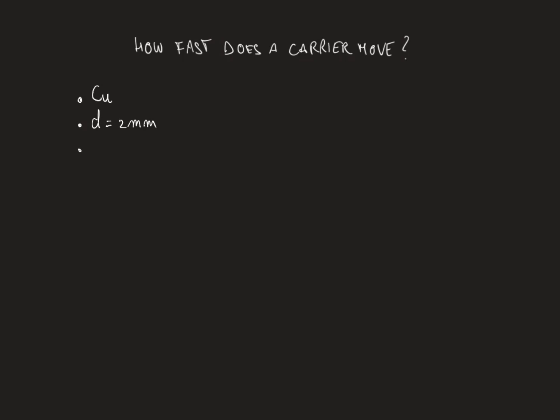In copper, the density of charge carriers is about 8.5 times 10 to the 28 carriers per cubic meter. We know that the elementary charge is about 1.6 times 10 to the minus 19 coulomb. And finally, let us suppose that the current flowing through the wire, I, is 100 milliamps.